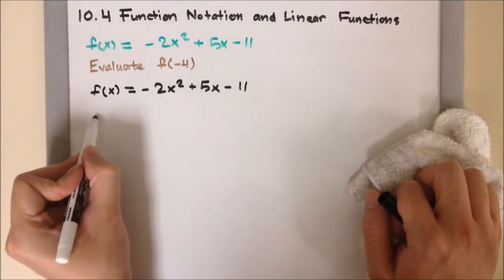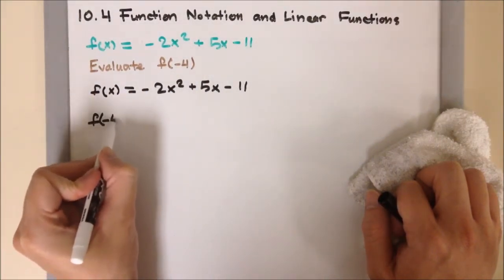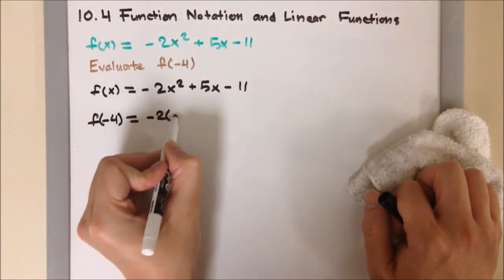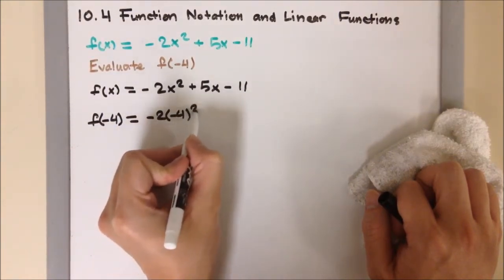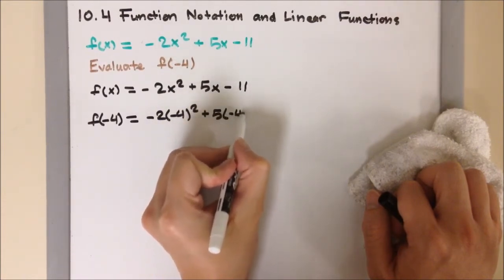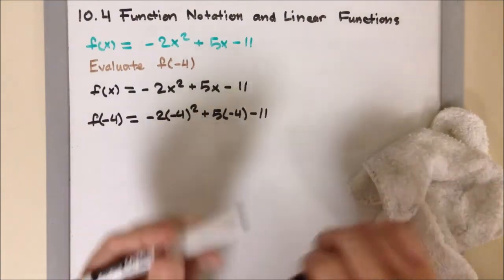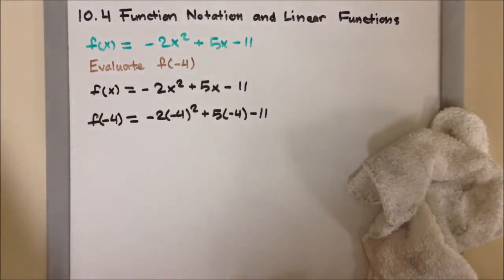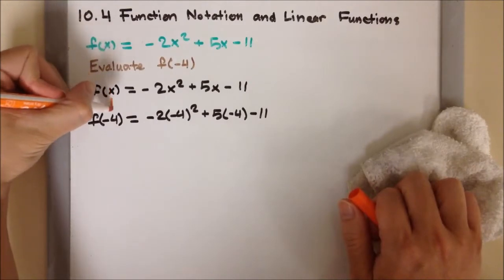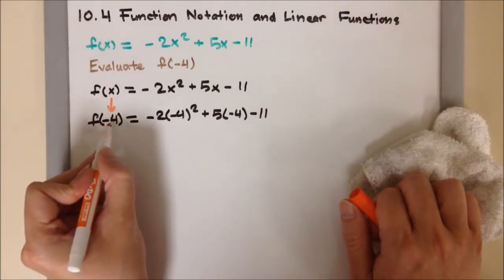And then it's asking you to find f of negative 4. So that means that I'm plugging in negative 4 into all my x's first. So again, it went from f of x to f of negative 4. That means my x is switched out with negative 4.